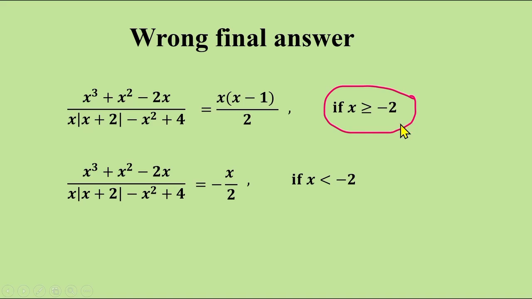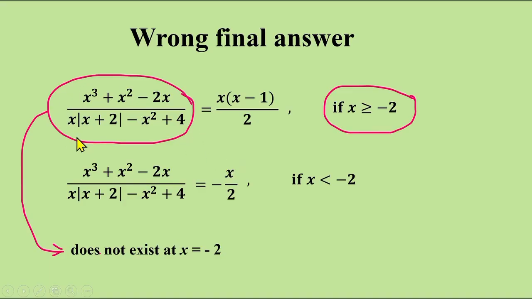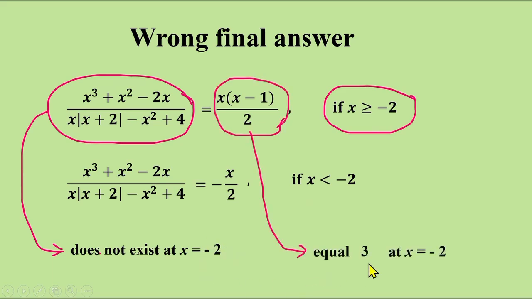Let's consider first part, because the second part remains the same for both cases. This expression doesn't exist at x equal -2 because denominator is equal to 0. It's easy to check. At the same time, the right-hand side exists at x equal -2, and it is equal just 3. So this is not right to write here equal.